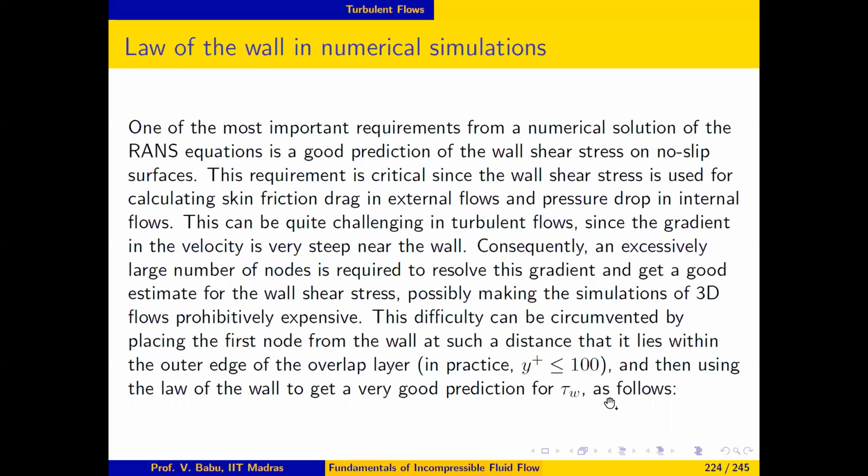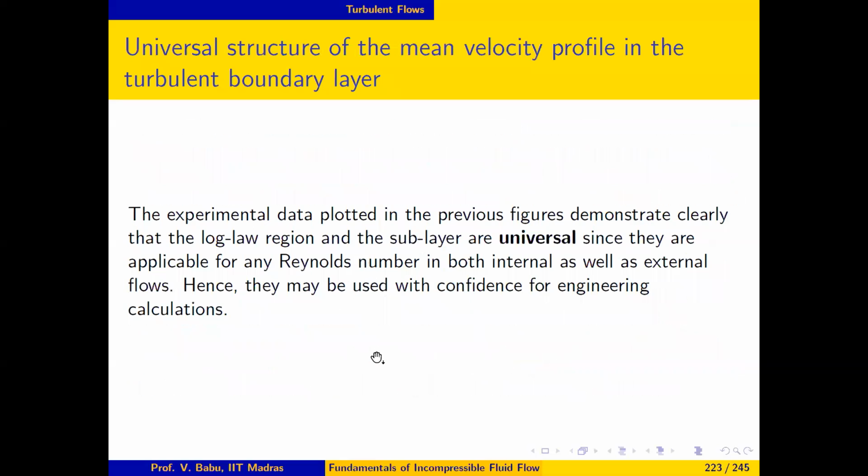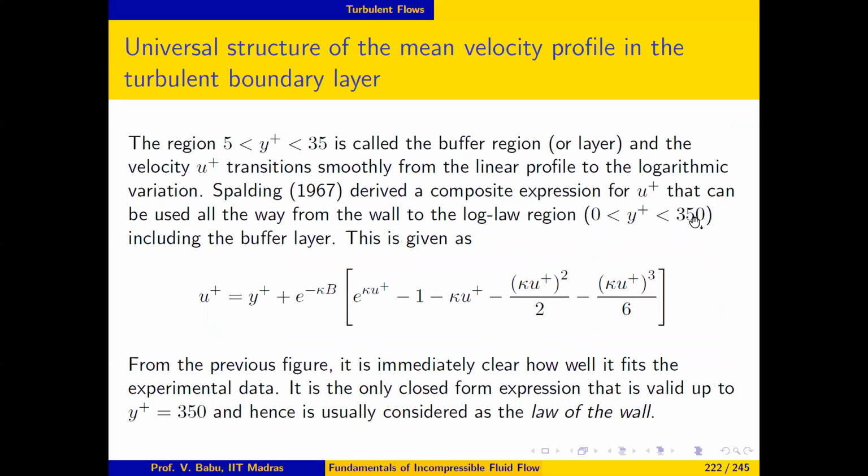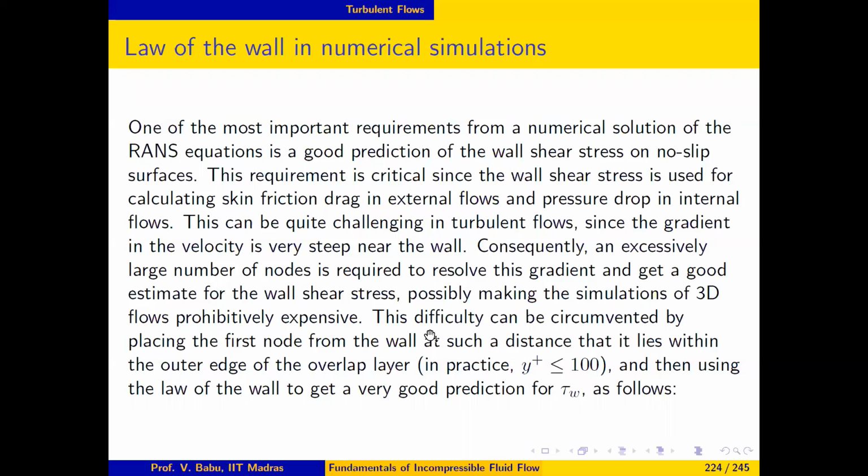So what we do is make sure that when we discretize the domain, the first node from the wall is placed at such a distance that it lies within the outer edge of the overlap layer. Although the overlap layer goes all the way up to y plus of 350, to be on the conservative side in practical simulations, we make sure that the first node lies at y plus of around 100 or less. That is what is done in practice.